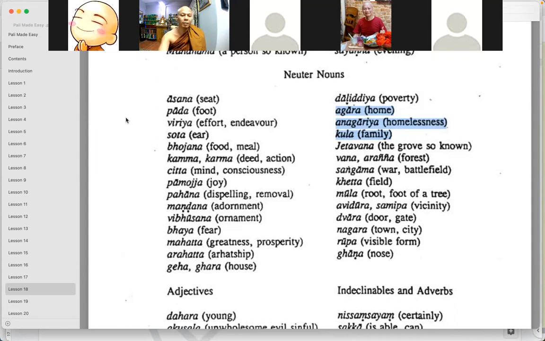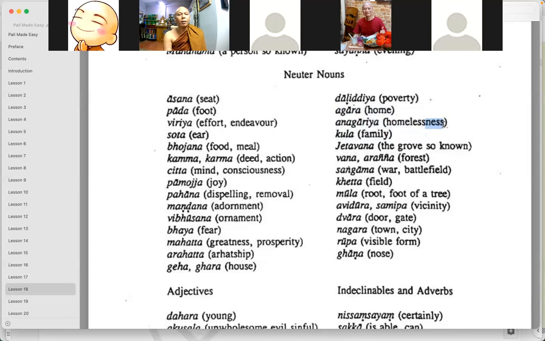Besides anagāriya, there's also anagārika, no? So anagārika is referring to a person, but anagāriya is referring to a state. Like this one, you see, daliddiya, you see, iya form. Here also iya form. That is here homelessness, you see.